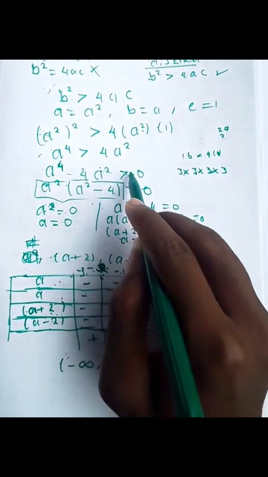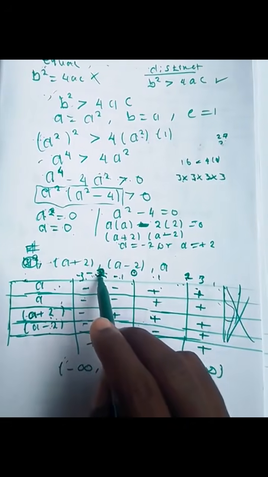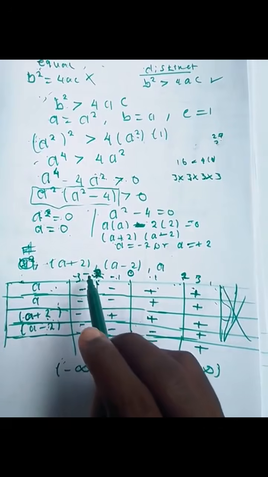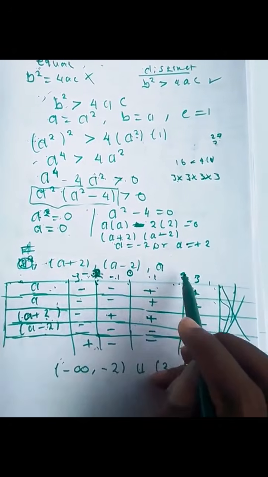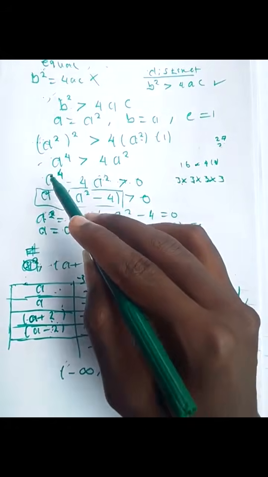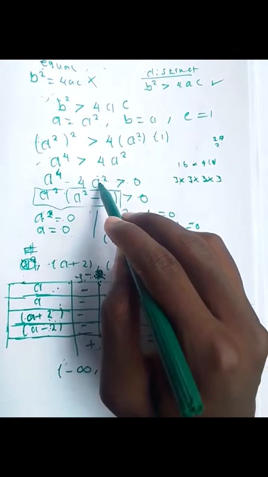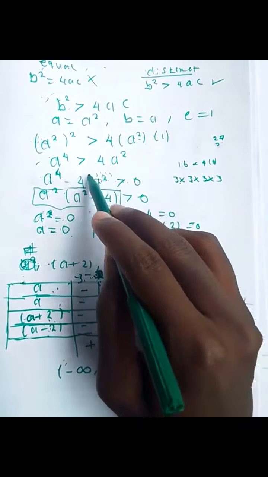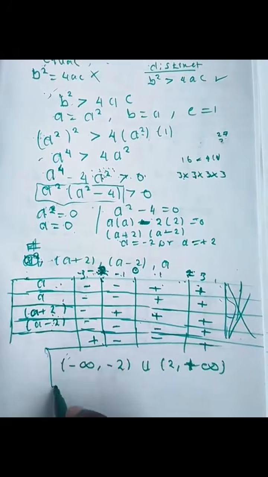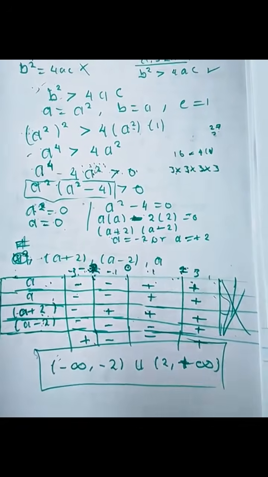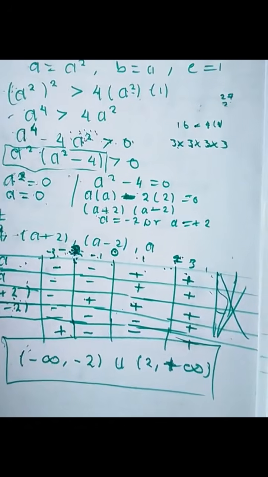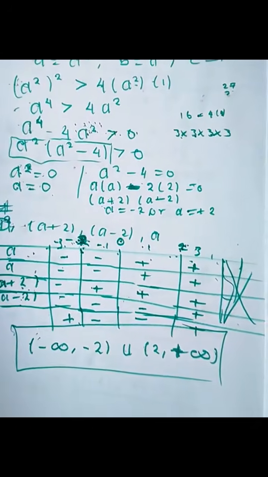But if you get a value after negative 2 and after positive 2 going these directions, for example, if I put 3 here and 3 here, you will see that it will give you something that is greater than 0. So this is actually true, in case maybe you are doubting. This is true. Okay, and the purpose of drawing this line table is to just determine the true value which satisfies this condition here.